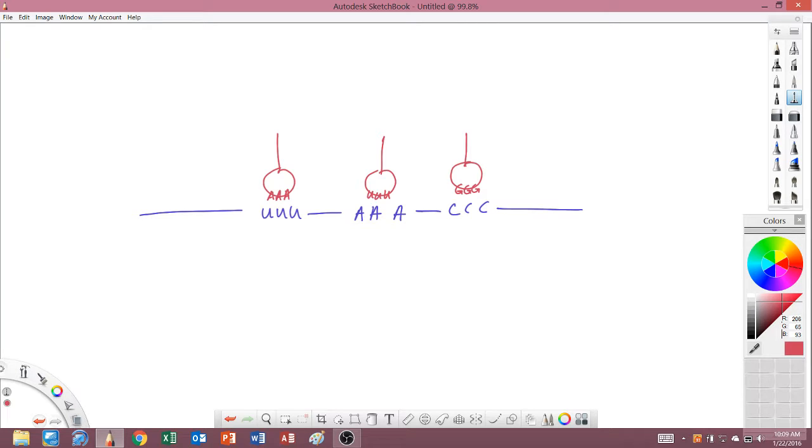Okay, now, let's do this. So, here you go. Let's say this one has this amino acid attached, and this one has this amino acid attached, and this one has this amino acid attached. Again, as I told you, when tRNAs come, the first one is okay, but the subsequent tRNA needs the large subunit of the ribosome.